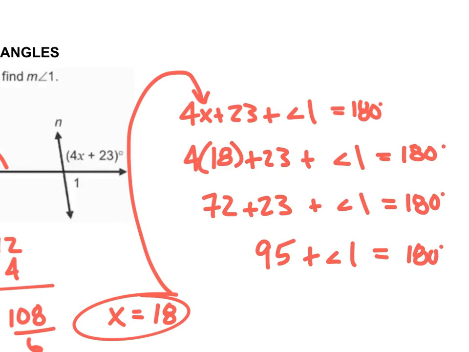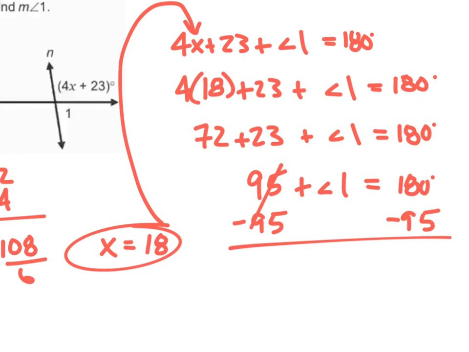Now I can subtract 95 from both sides and solve for angle 1. So 180 minus 95 gives me 85. So angle 1 is equal to 85.